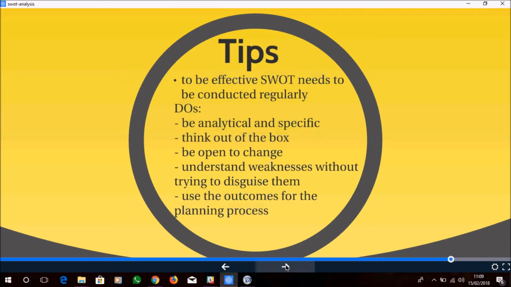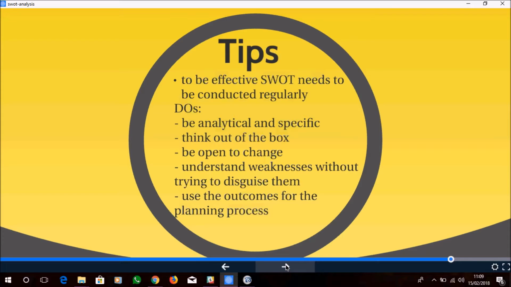SWOT is also created somehow to simplify the environment, and therefore it's important to write down all the aspects and consider them when preparing the action plan. Otherwise, it's easy to overlook key strategic information.